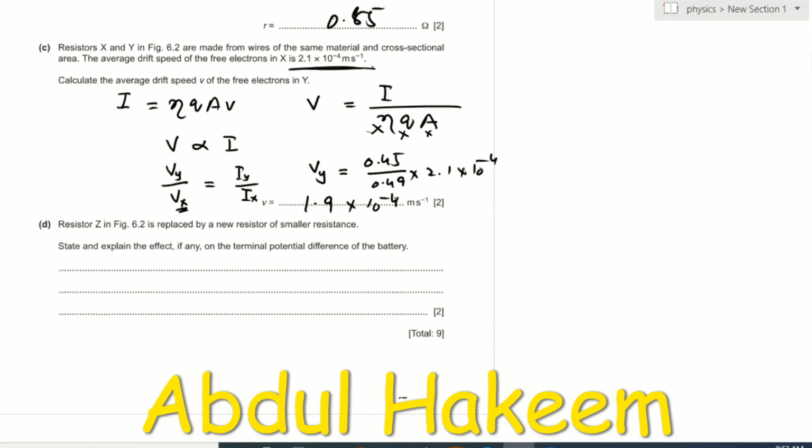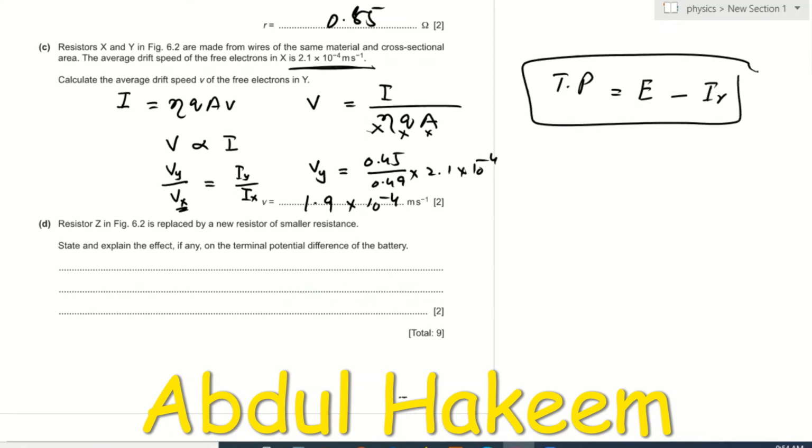Resistor Z in figure 6.2 is replaced by a new resistor of smaller resistance. State and explain the effect, if any, on the terminal potential difference of the battery. Terminal potential is equal to EMF minus the potential lost across the internal resistor. Look, when resistance decreases, total resistance of the circuit also decreases.